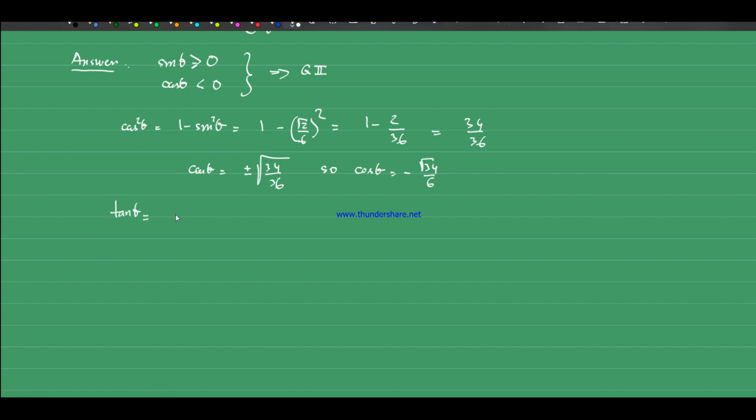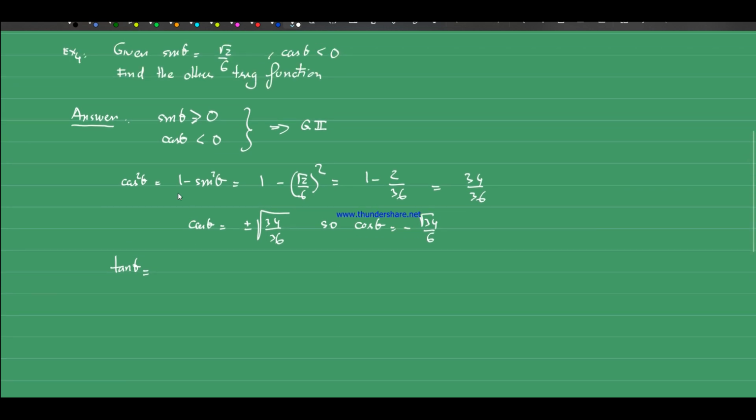Tangent theta will be sine over cosine. So you see that if you mess up the cosine, the sine will be wrong, and the tangent will be wrong, everything wrong. Sine over cosine, so we have square root 2 over 6 divided by negative square root 34 over 6.